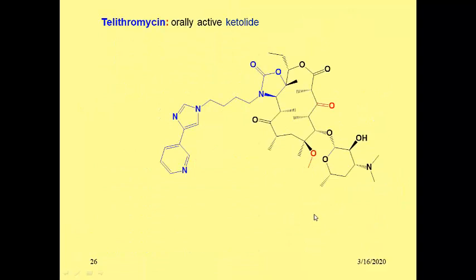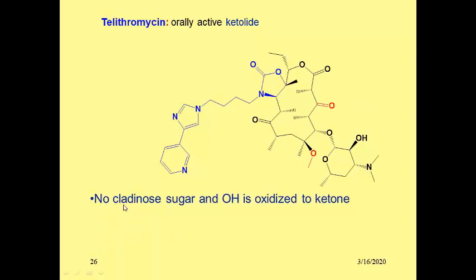Telithromycin, a ketolide. What is meant by ketolide? Keto, because there is no sugar at C3. No sugar at C3; instead a carbonyl is inserted. Cladinose is removed and the OH is oxidized to keto. So, a keto macrolide.